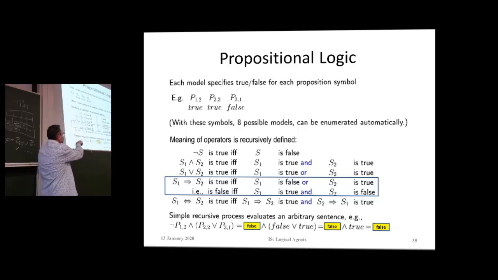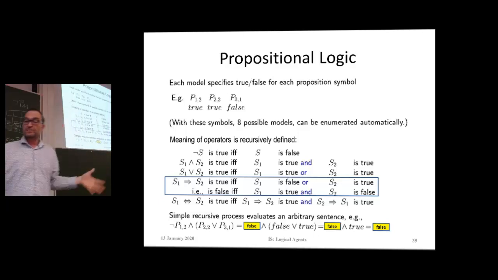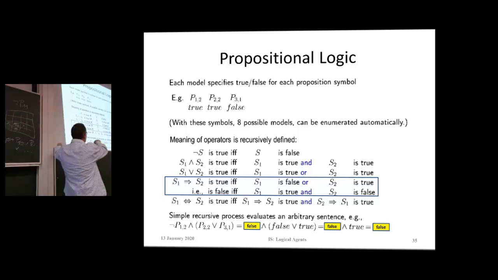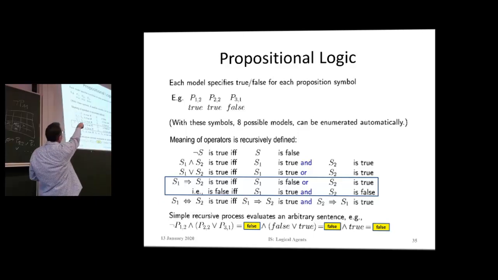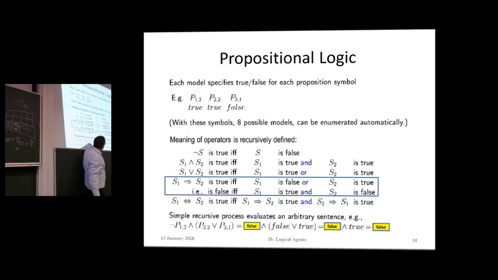Yeah. So if you have a formula such as this one, you can evaluate the value of the complex formula by this recursive process by just evaluating what is the value of the propositions. And in this case, we have, for example, assigned truth values to the propositions: P12 is true, P22 is true, and P31 is false. And then I can calculate the value under the choice of this assignment. So I can now check whether this variable assignment is a model for this formula.